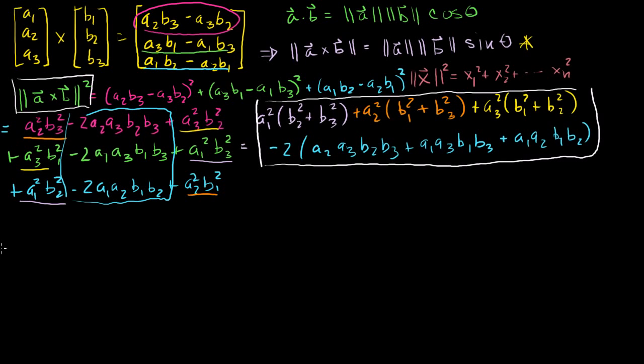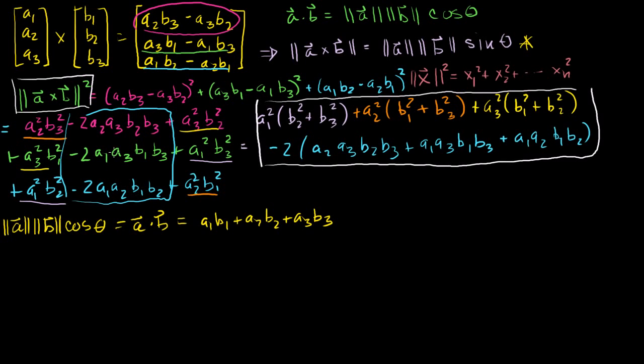We know that the magnitude or the length of a times the length of b times the cosine of the angle between them is equal to a dot b, which is the same thing as, if we actually do the dot product, a1 times b1 plus a2 times b2 plus a3 times b3.